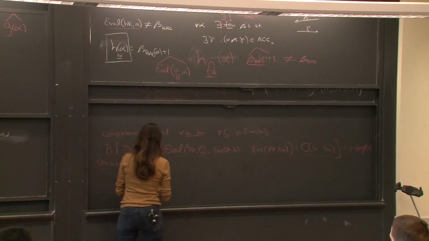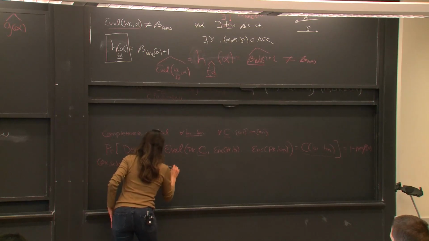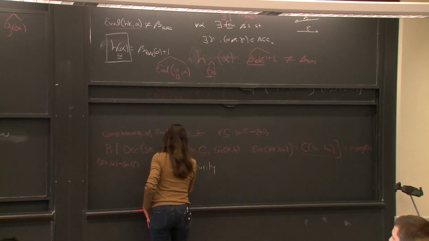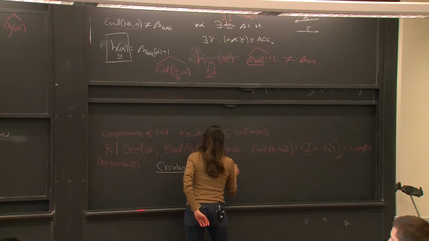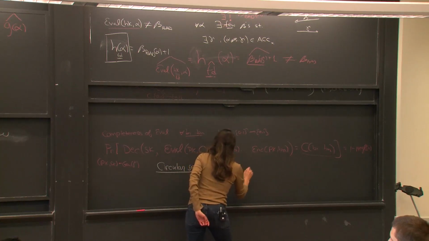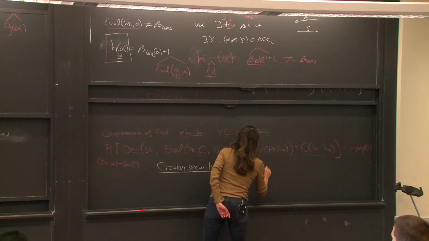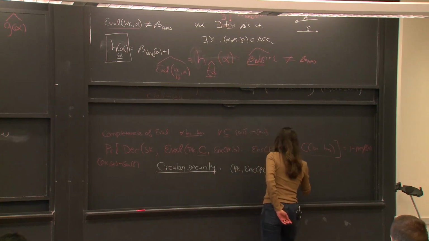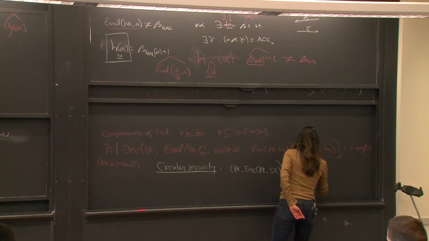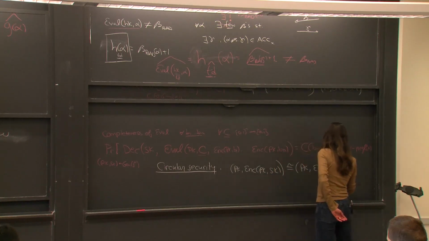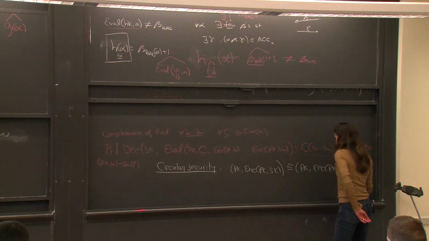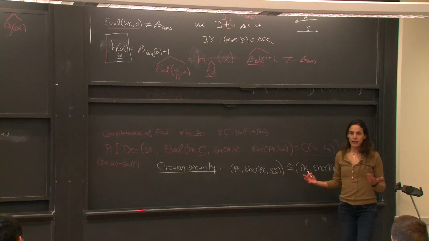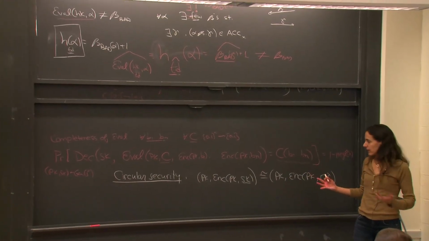So I'll write it here. It just means that a public key and an encryption of the secret key is indistinguishable from a public key and an encryption of, let's say, all zeros. You can think of the secret key as lambda bits, a security parameter number of bits.